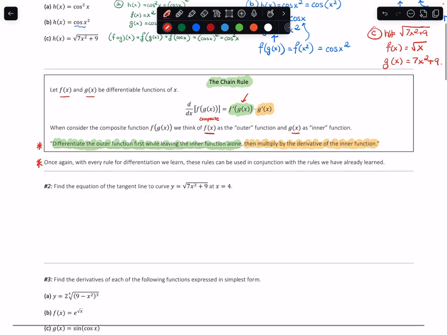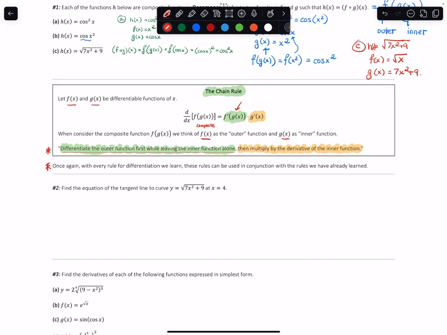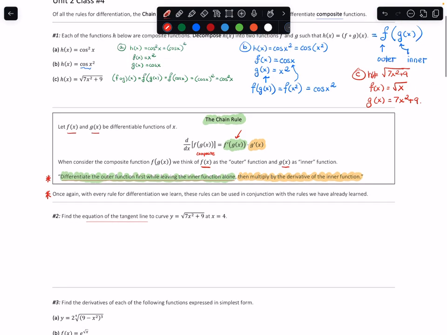Let's do a little chain rule differentiation here, and maybe again, always good to review. Can you find the equation of a tangent line? Because Lord knows tangent lines are half of calculus in some sense. So this function I gave you, y equals the square root of 7x squared plus 9, is actually the one from C. So we already identified who is outside and who is inside.